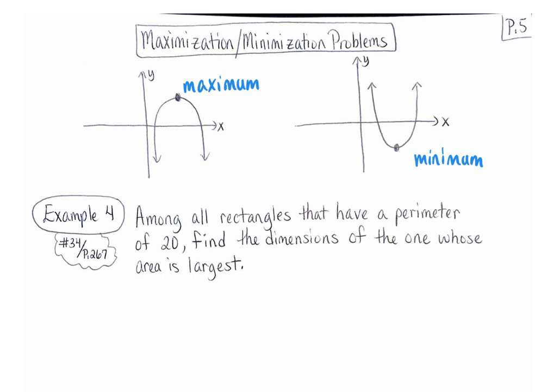In order for you to find a maximum or a minimum, you're going to have a quadratic function. What can you use to help you find the maximum or the minimum of your quadratic function? The vertex formula. You got it. So now we know automatically what our approach is going to be. We're going to have to identify what our quadratic function is. Once we identify our quadratic function, we are going to use our vertex formula to help us find our maximum or our minimum. Okay? All right.